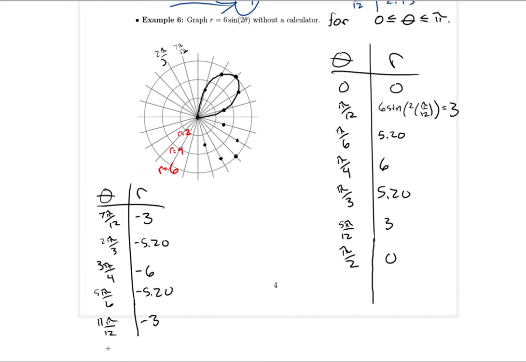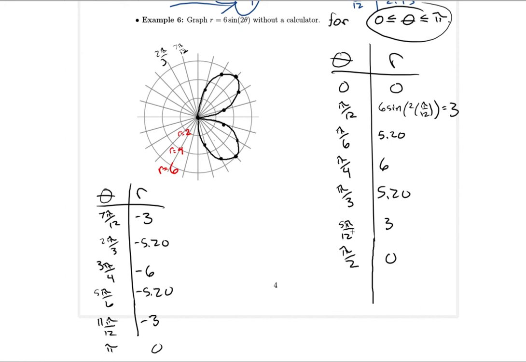And then finally, at pi, we're back to 0 again. And so what happens here, this will throw folks off, is that if I ask you to only graph from 0 to pi, that doesn't necessarily mean that all of what you see has to occur in the quadrant of those angles, because if you get negative R values, it throws you into the quadrant 180 degrees away.